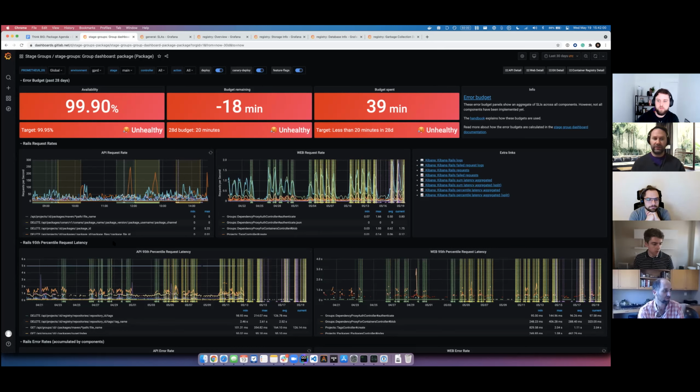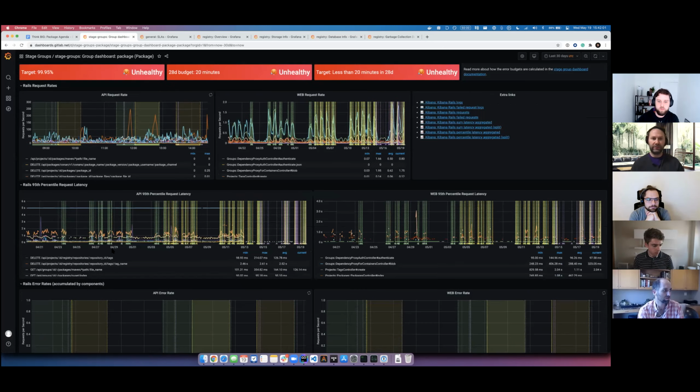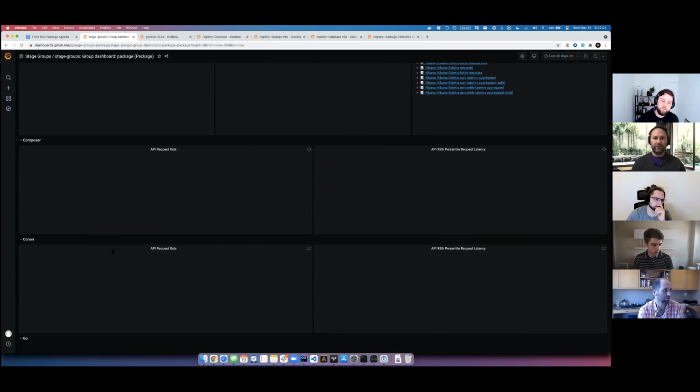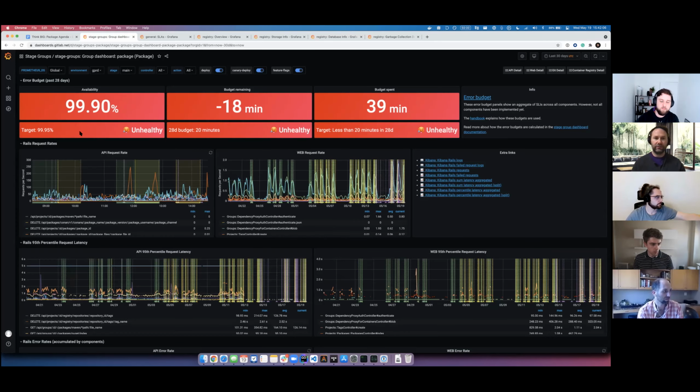Yeah, so one thing that is not clear for me is that these group dashboards basically give you an overview, but they don't give you that much detail.